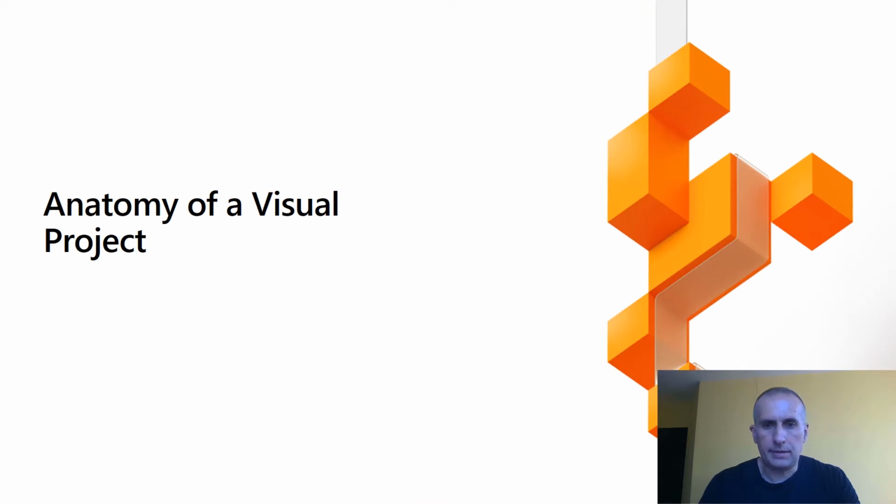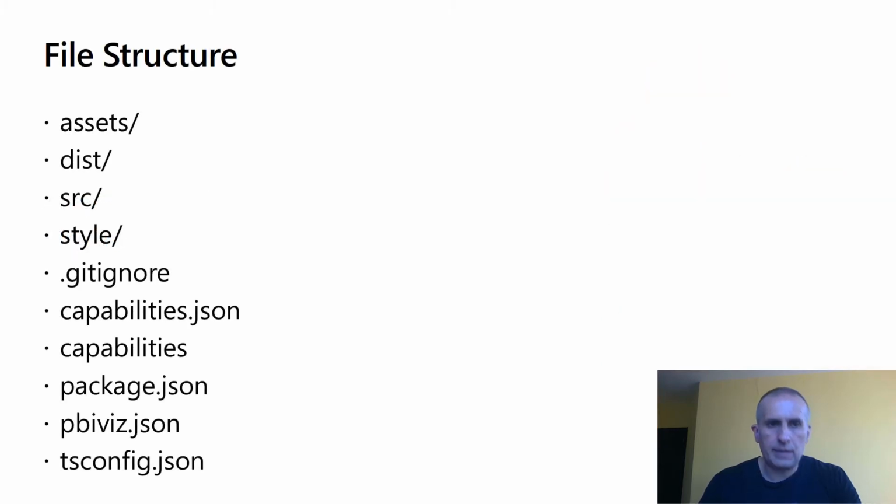To understand better the structure of Power BI custom visuals, it is important to know some details about the anatomy of a visual project, exactly the structure of folders and files inside it. Let's take a look at the structure. We have the directory assets.